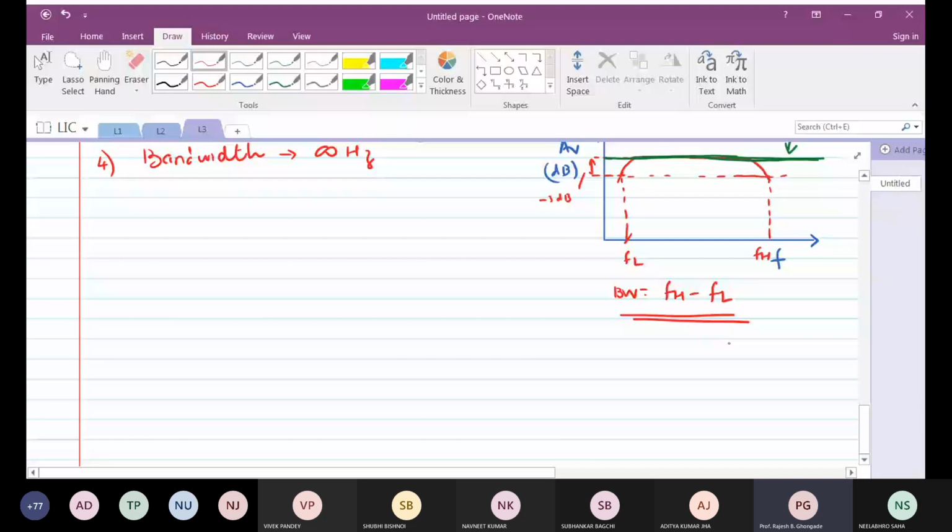This is a very peculiar question being asked: enlist the characteristics of an ideal operational amplifier. So in that situation, you would definitely write down these things. So have you understood these first four things first of all? Any doubts, any questions here?